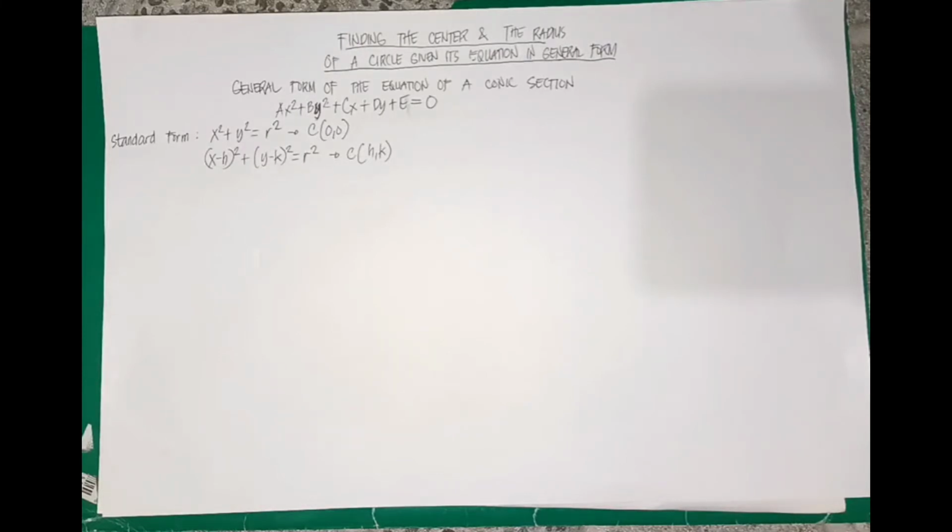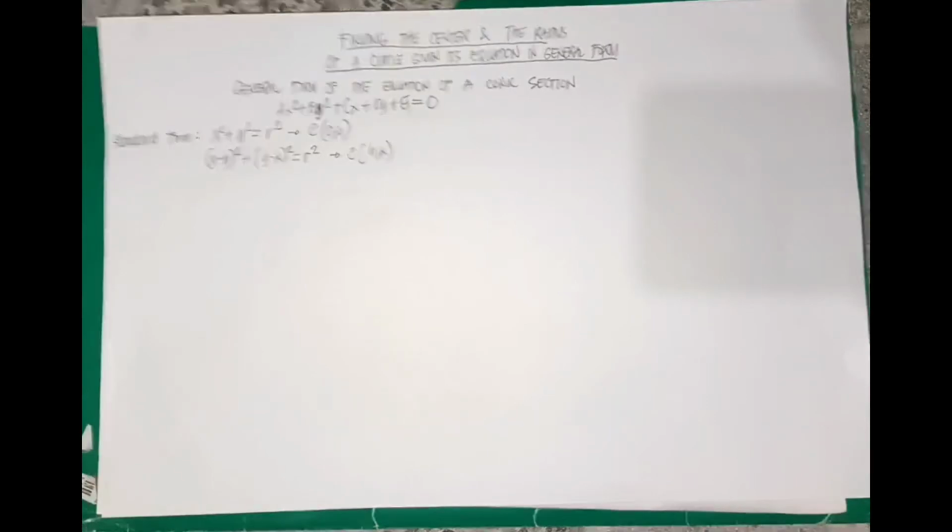So what is a circle? As we all know, a circle is a closed figure without any angle and edge. Here we are going to find the center and the radius of a circle.